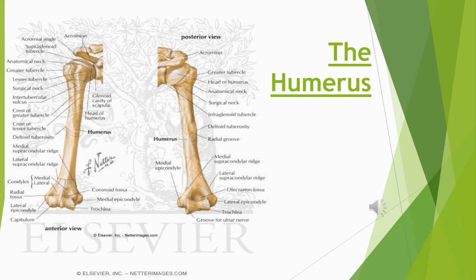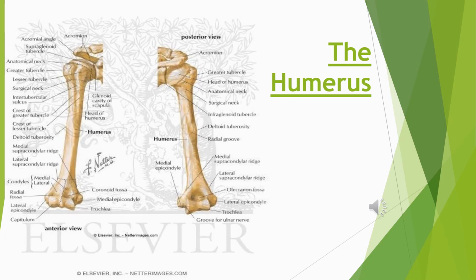If you look a little bit more inferiorly, you see that they form a sulcus known as the intertubercular sulcus. So let's break that down. Inter means in between, tubercular means referring to the tubercles, and a sulcus is a groove. So these two tubercles kind of form this groove in the center between them. And you can see that the two crests, the crest of the greater tubercle and the crest of the lesser tubercle, form borders around them.